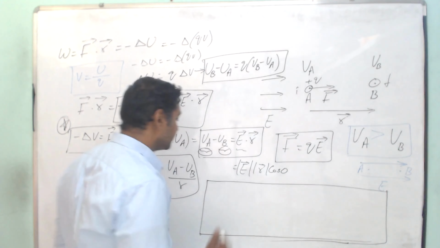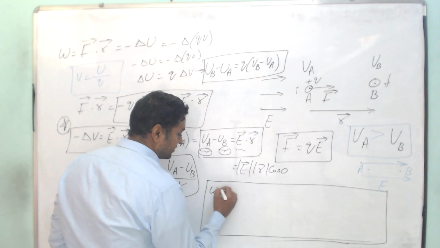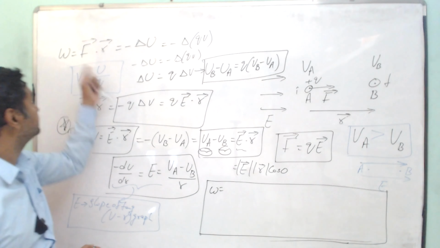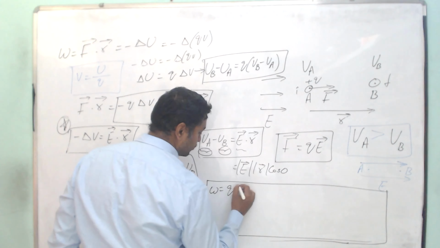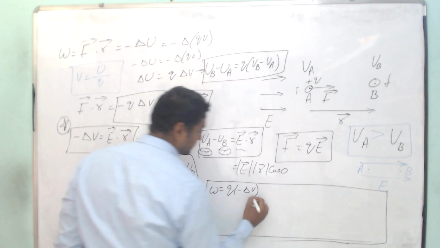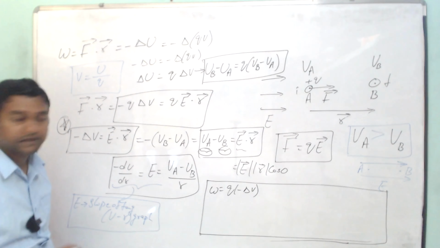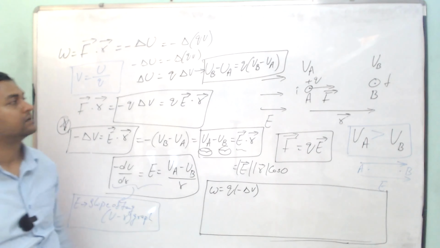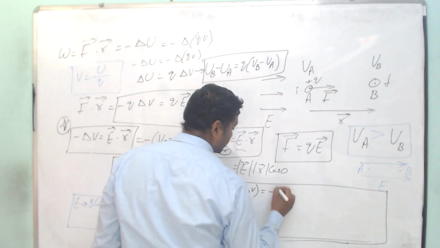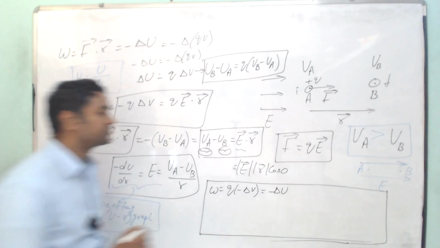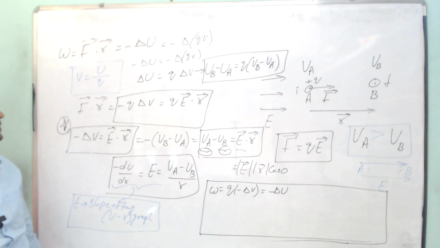And out of it, we got work done is equal to charge Q into negative of change in potential. Which we already know can be written as negative of change in potential. Fine.